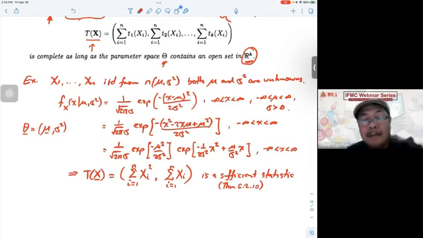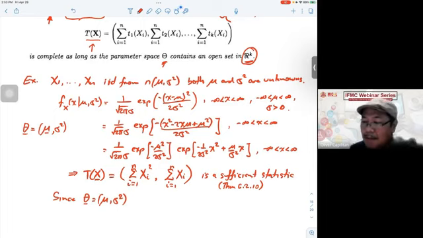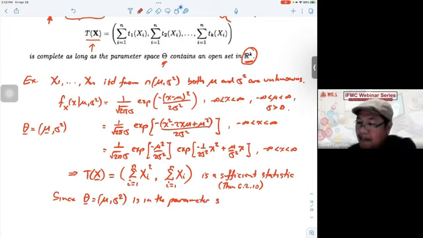Paano natin malaman ito na complete siya? Complete, because our parameter theta, it's a vector of parameters having two components, mu and sigma square. Okay, mu and sigma square. This is in the parameter space. This is bold. Ganun naman yun. But in this case, we have now R, the set of real numbers, and the set of positive real numbers.